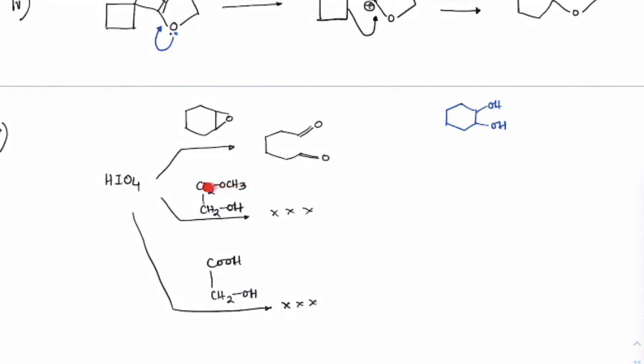But if you have regular ethers, CH2OCH3 and CH2OH, then no reaction. Which means ether substituted alcohols show no reaction with HIO4. Similarly, if you have an acid at the vicinal position, even that will not react because the acid itself has already become very stable. We cannot say that this is more like an OH group, so we cannot break the bond here. No. So this is about the HIO4 case.